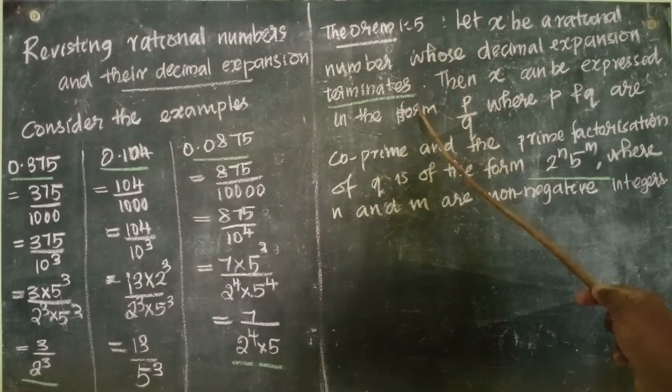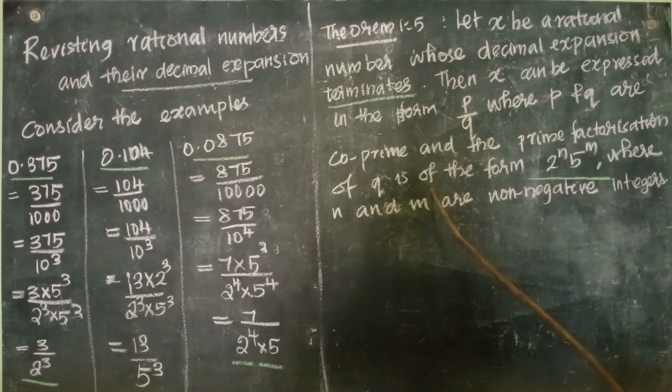Let x be a rational number whose decimal expansion terminates. Then x can be expressed in the form p by q, where p and q are co-prime, and the prime factorization of q is of the form 2 raised to n, 5 raised to m, which means it can be powers of 2, powers of 5 or both, where n and m are non-negative integers.